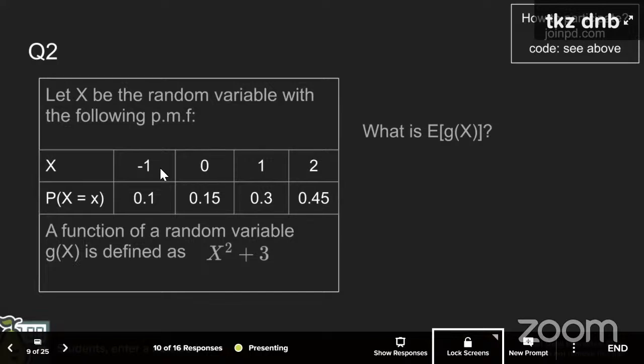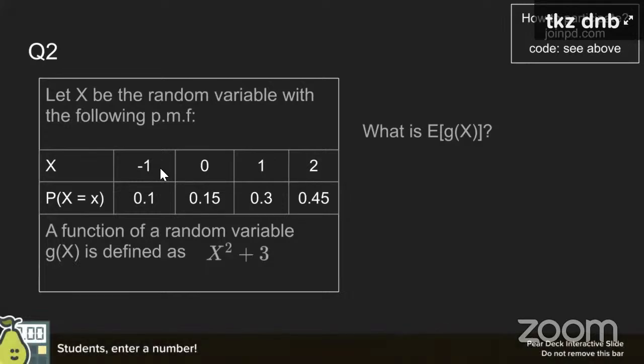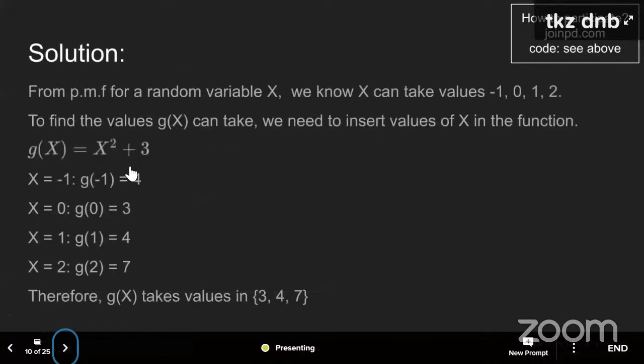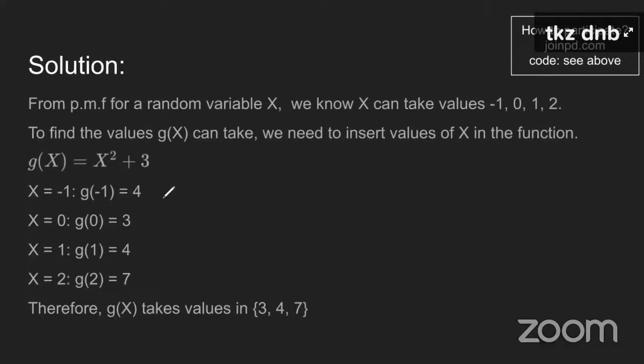So here x is given. You can calculate what values g of x will take. First, we will calculate what values g of x can take. When x is equal to -1, g of -1 will be what? g of x is given as x square plus 3.